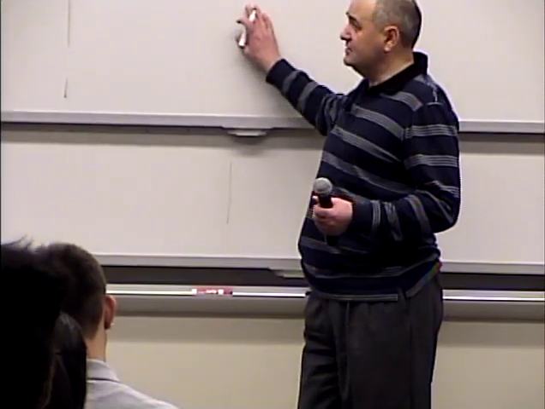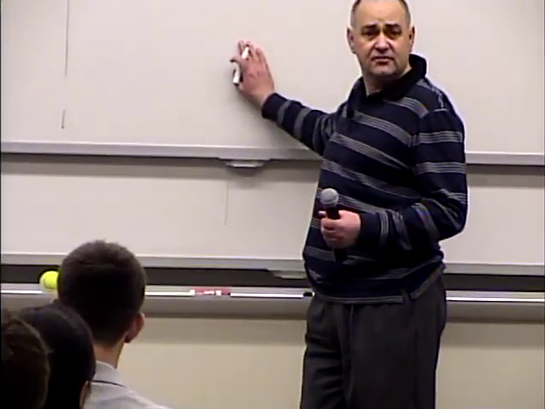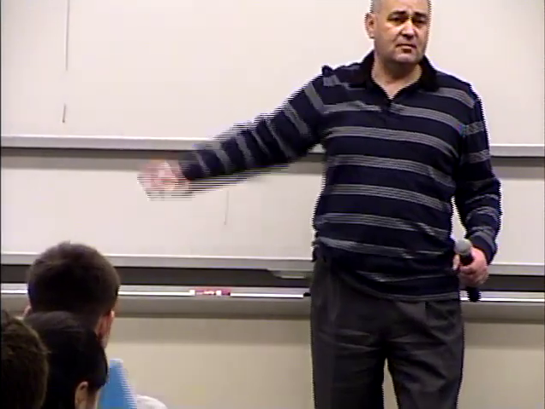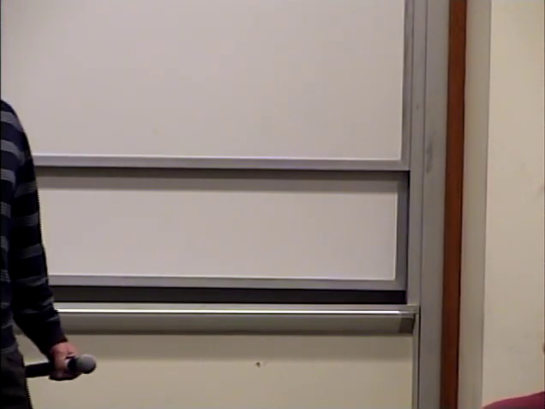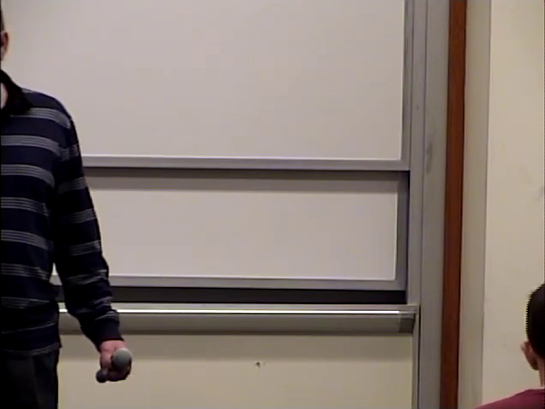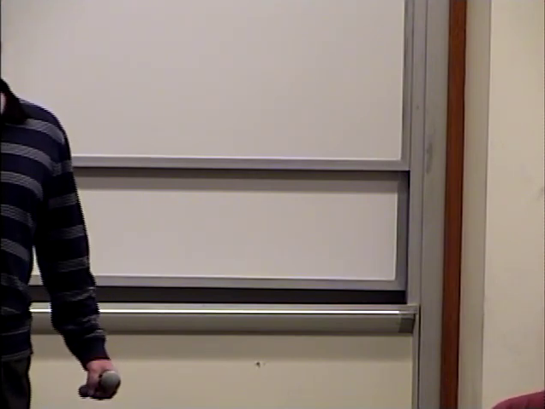Why don't you now discuss with each other how we can apply this version of the work energy theorem to this problem? How would you do it? Well, do we have particles over here?